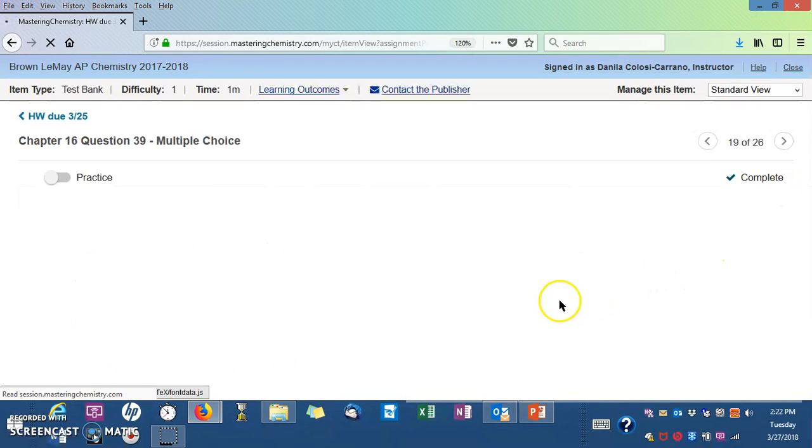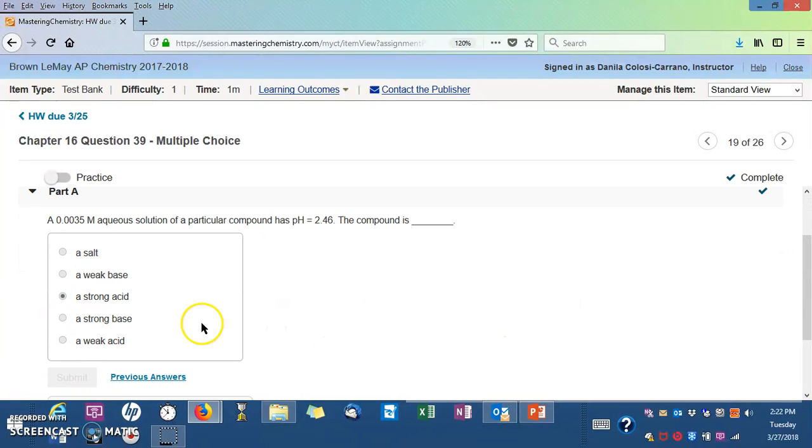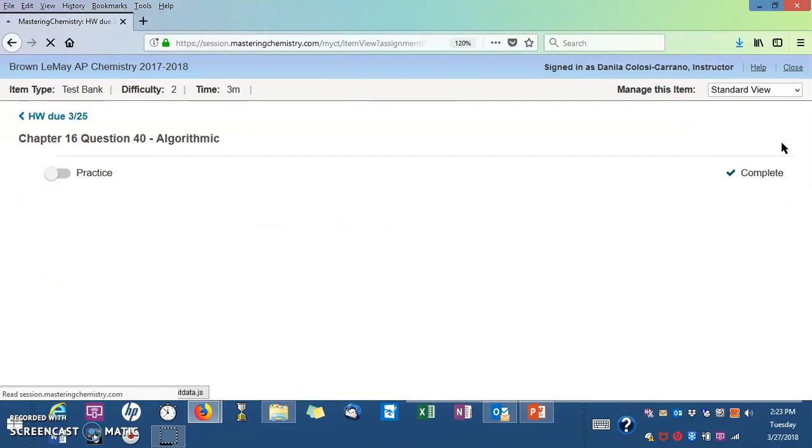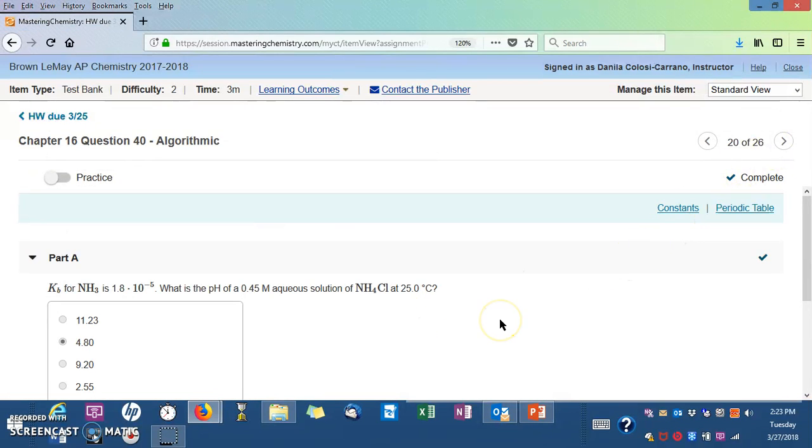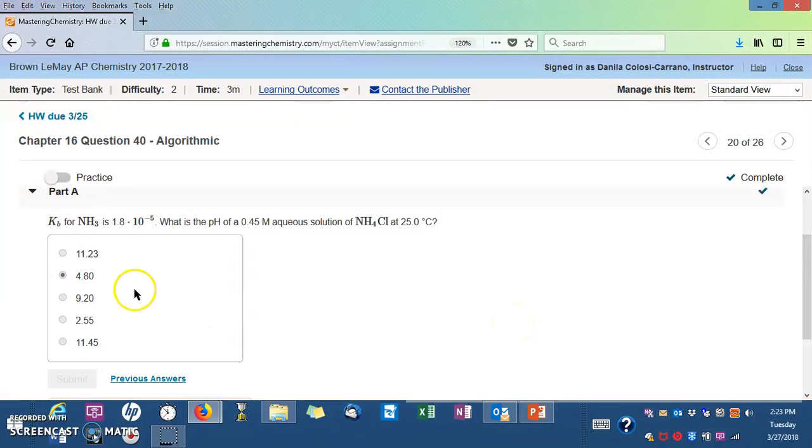For 19, in this case, you don't even need to think too much, because you have a solution with a pH of 2, so this means it's a strong acid, right? A low pH means it is at the lower end of the scale.